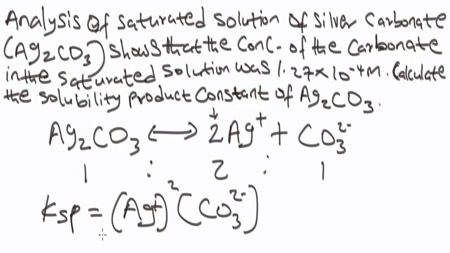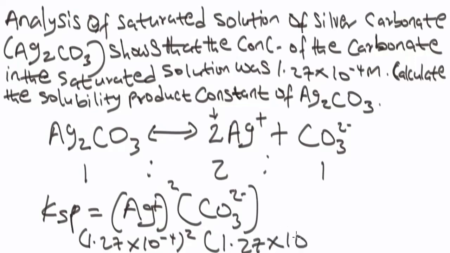For silver ion, the molar concentration there is 1.27 times 10 to the power minus 4, in brackets, raised to the power 2, times, for the carbonate ion, still 1.27 times 10 to the power minus 4.